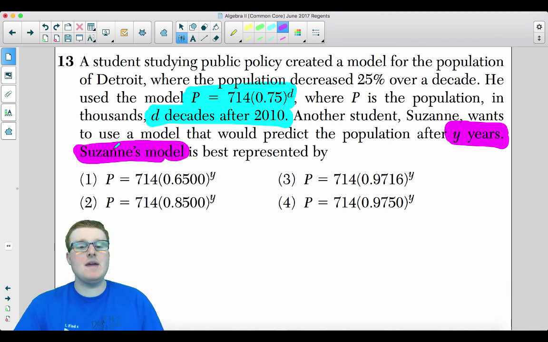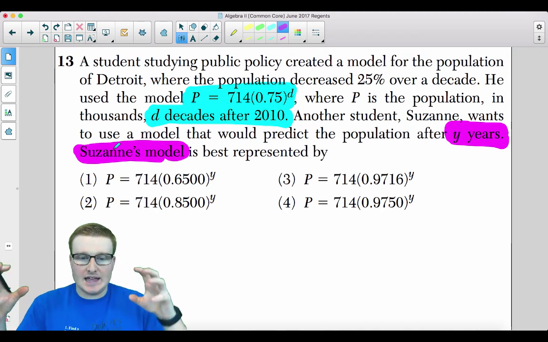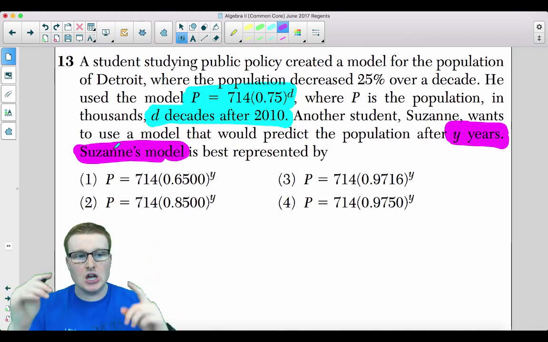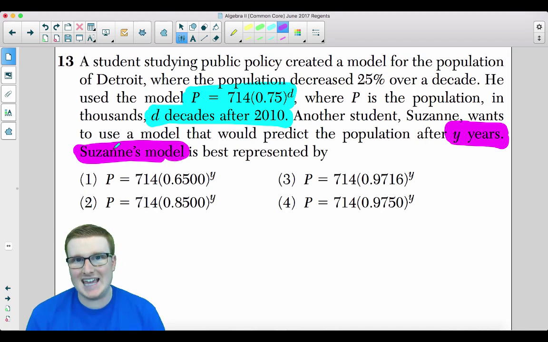The major difference is that Suzanne wants to do it by years. The other student just wants to do it by decades. Very big deal. If you want 9 years for Suzanne, she would make Y equal 9. If the other student wanted 9 years, it would be 0.9. You see the difference here? Decades is very different from just single years, okay?